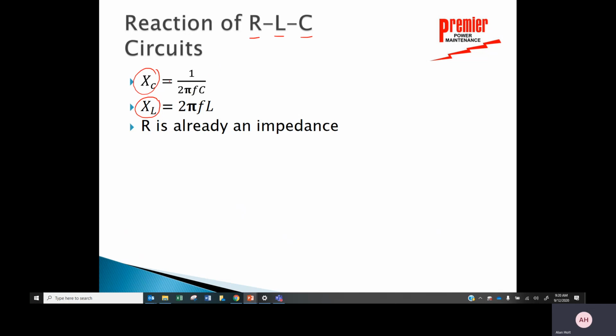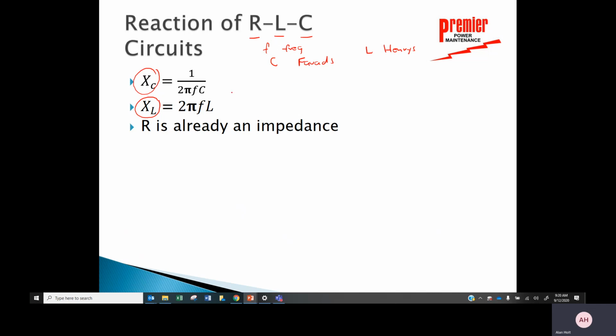And so capacitive reactance is this equation. It's one of the needed two, needed three equations. 1 over 2 pi f c, where f is frequency, c is capacitance in farads, and when we talk about inductance, L is in henries.